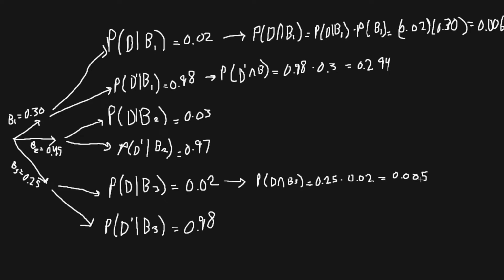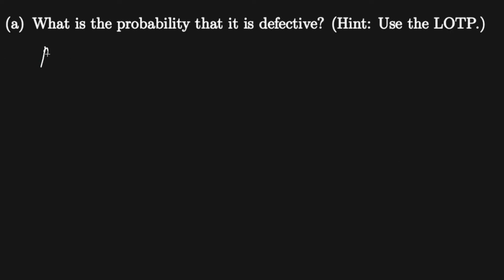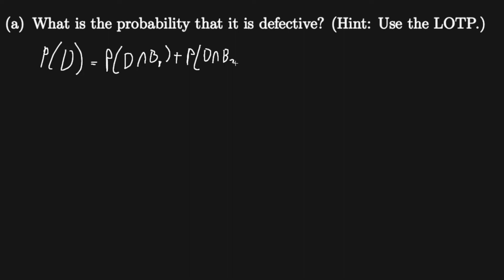Now I can move on to A, which is the probability of defective. So the probability of D is equal to the probability of D and B1 plus the probability of D and B2 plus the probability of D and B3. All three are defective.